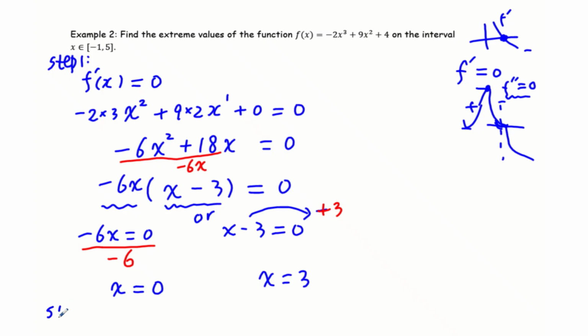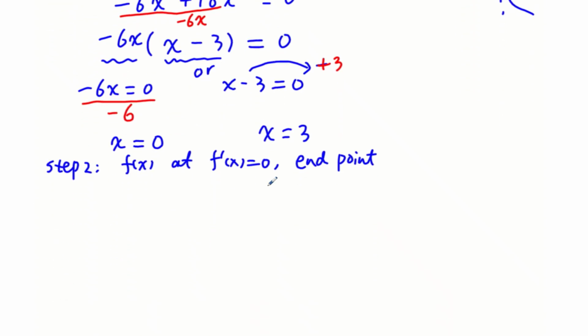Step 2, we are going to find all the f of x at f prime x equals 0 and also the endpoints. So we have to compare the possible local maximum and minimum points with the endpoints, because sometimes you have these two local points, but you have other endpoints.